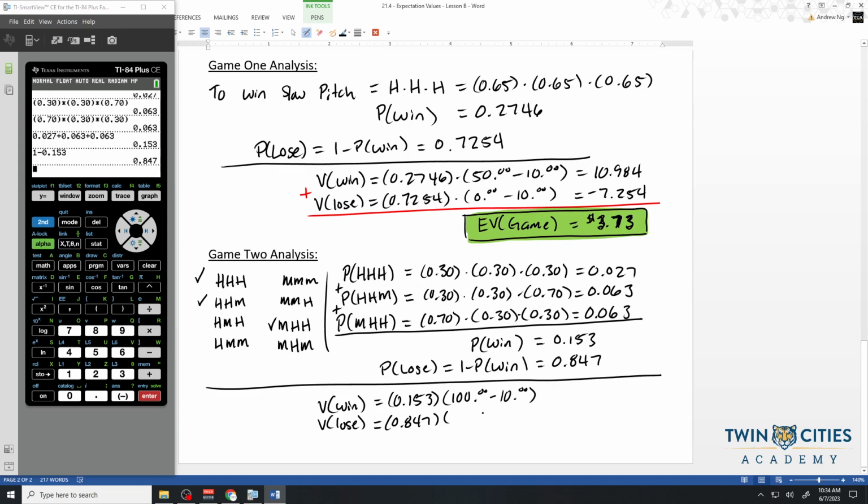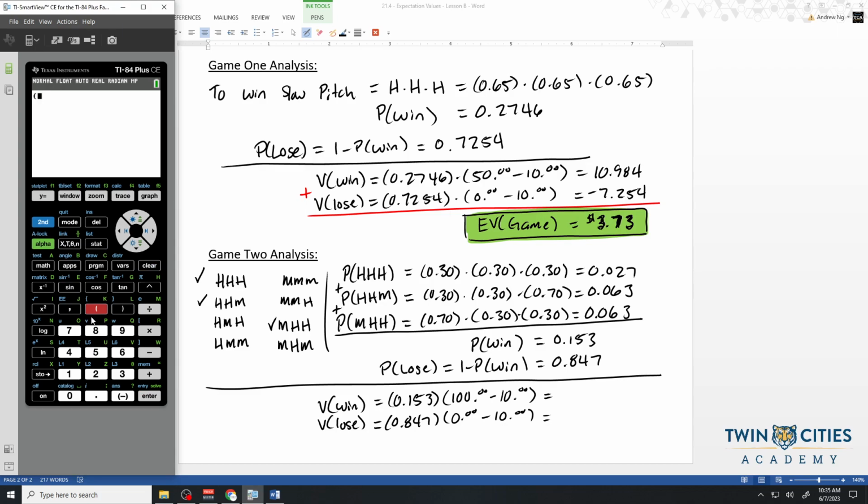Well, I get $0. I don't win anything, but it still cost me $10 to play. So 0.153 times 100 minus 10. The value of a win here is 13.77.